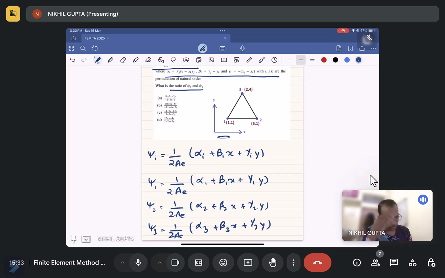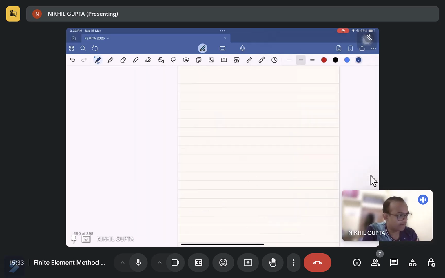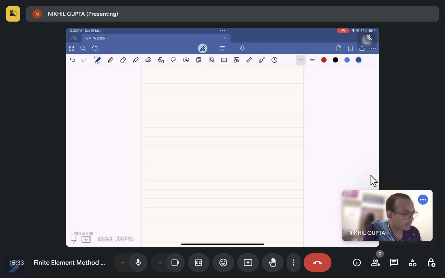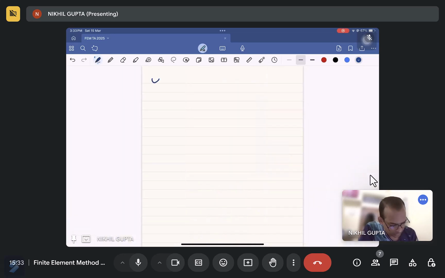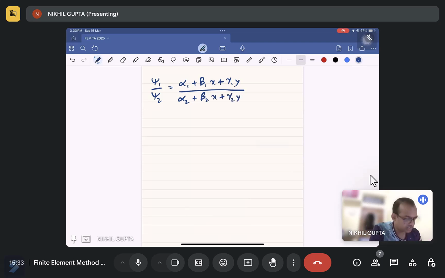Now you have to get the value of xi1 by xi2, so you need to know the values of alpha, beta, gamma. What we can do is write xi1 by xi2, and when we divide it, we'll get alpha 1 plus beta 1x plus gamma 1y upon alpha 2 plus beta 2x plus gamma 2y. So this is the answer we'll get.